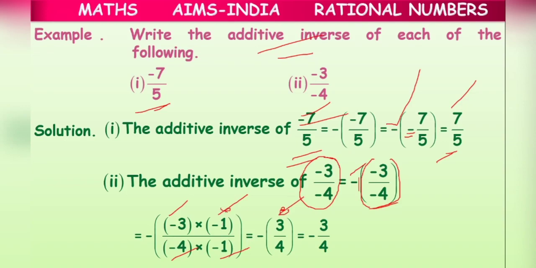Sorry children, they have not taken it like this. Our rule is that the denominator should be positive. That's why they are multiplying with minus 1 up and down. It will become 3 by 4. Next, outside we have minus, so we can take it as minus 3 by 4. Just by changing the sign, we can have the additive inverse.